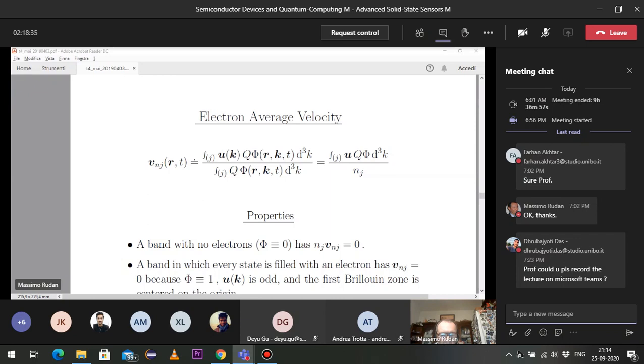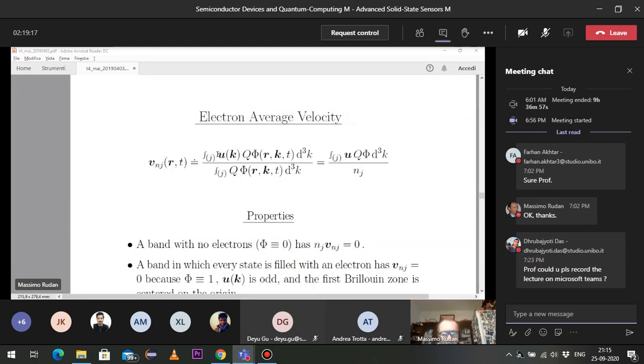In a crystal, P, that is something proportional to K, is equal to the mass tensor times velocity. But if we consider an even more general situation in which we are not using the parabolic band approximation, the velocity of the single electron is some function of momentum that we do not specify for the moment. So u of K is some function of momentum that we are able to calculate.